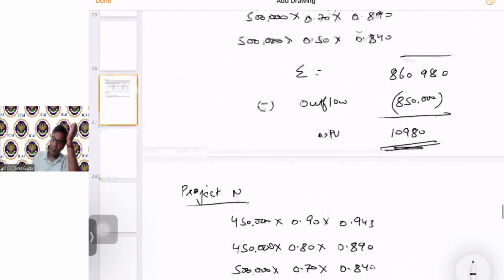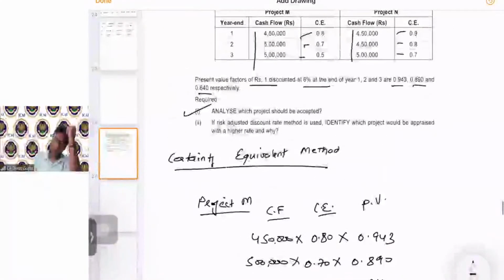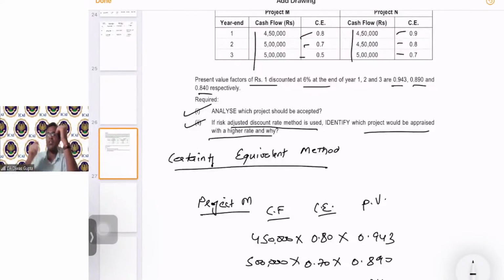Now the second part of the question is very relevant. If the RADR method is used, they are saying if the risk adjusted discount rate method is used, identify which project would be appraised with a higher rate and why. So they're trying to ask that out of these two, what is the project which is higher in risk?